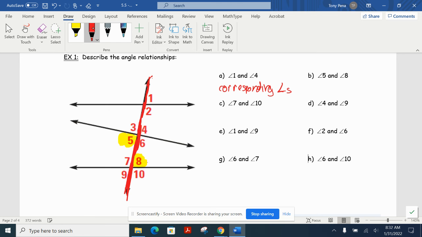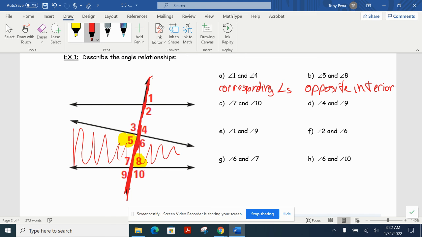Notice how these are on opposite sides of the transversal. One's to the left, one's to the right. And then if we look in between, notice how both of those angles are inside of the two lines. So they're on the opposite side of the transversal, and they're inside of the two lines. That's alternate interior angles.